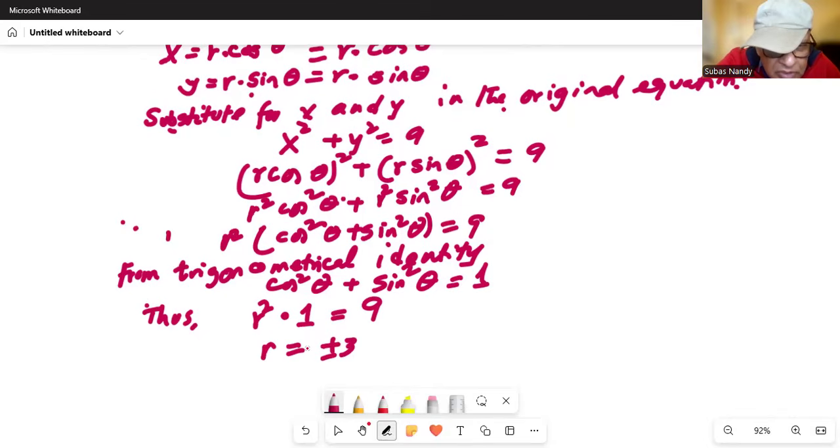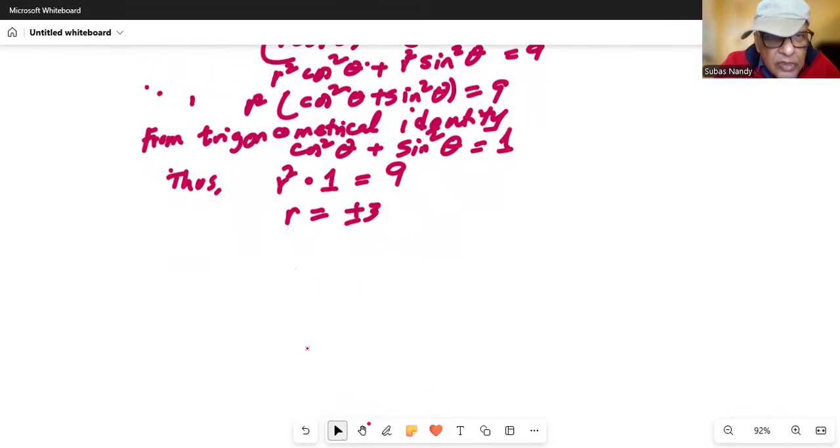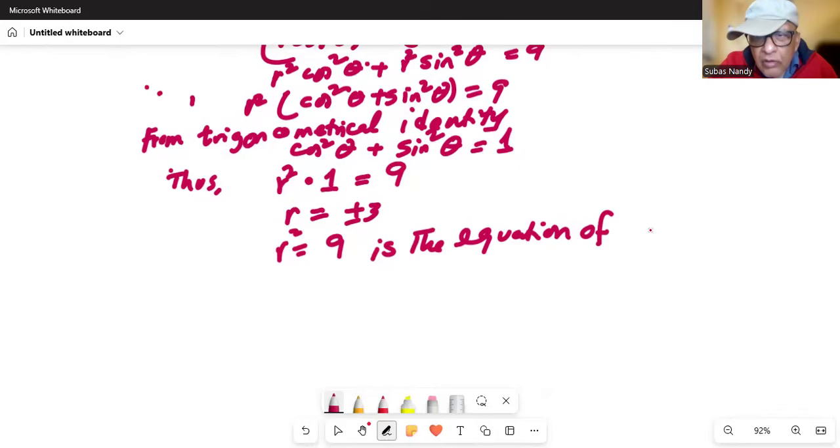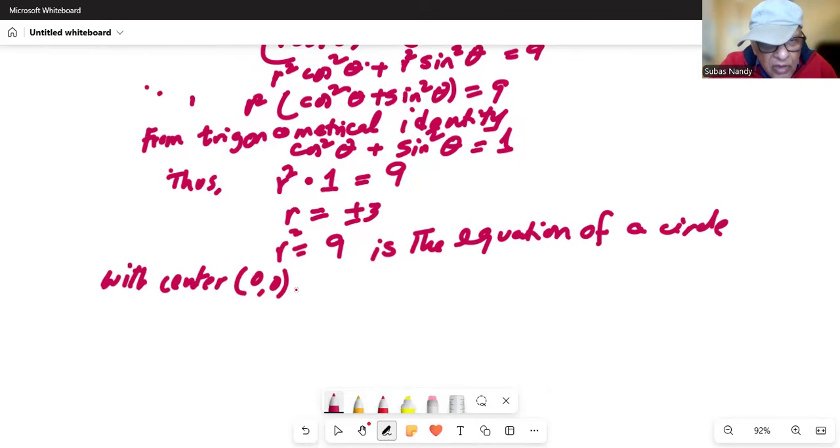So if I move this a little bit up, r square equal to 9 is the equation of a circle with center 0 0, that is the origin, and radius 3.